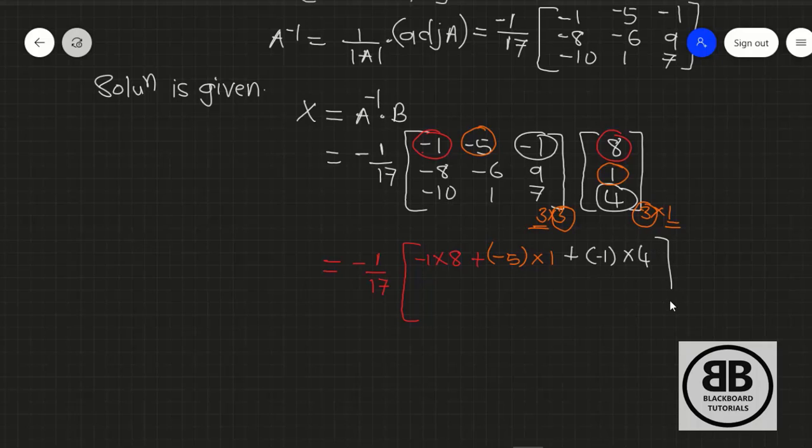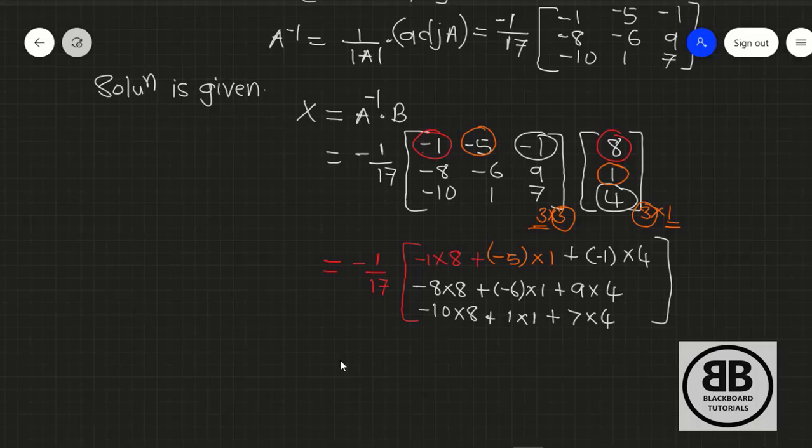Okay. Similarly, you can find this as minus 8 into 8 plus minus 6 into 1 plus 9 into 4. And third element will be minus 10 into 8 plus 1 into 1 plus 7 into 4.